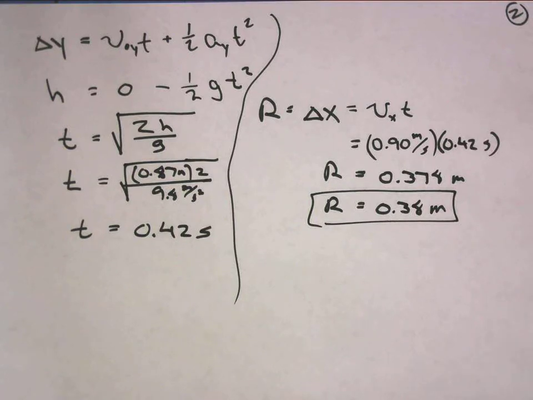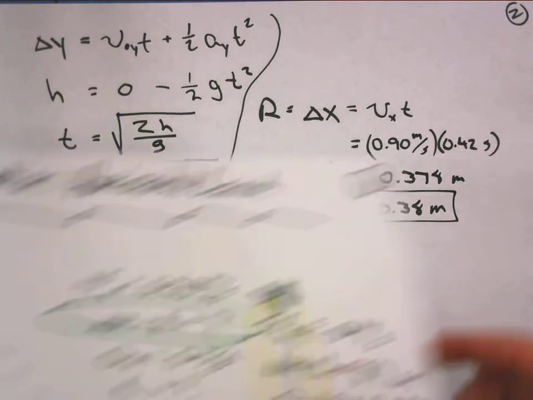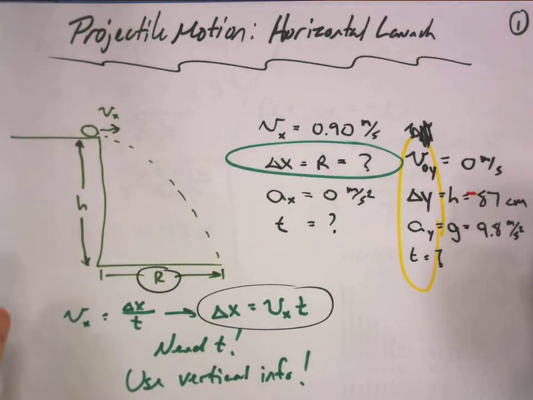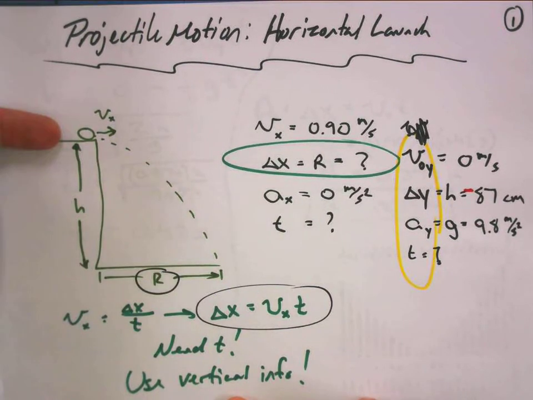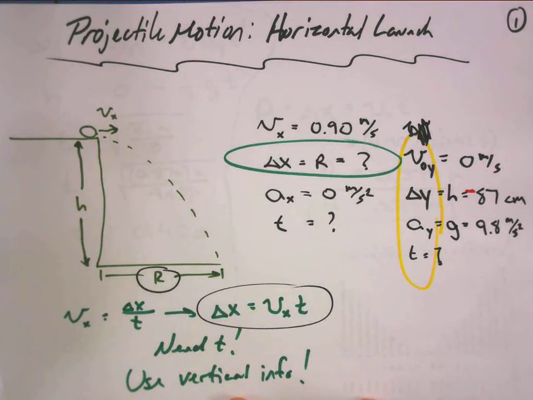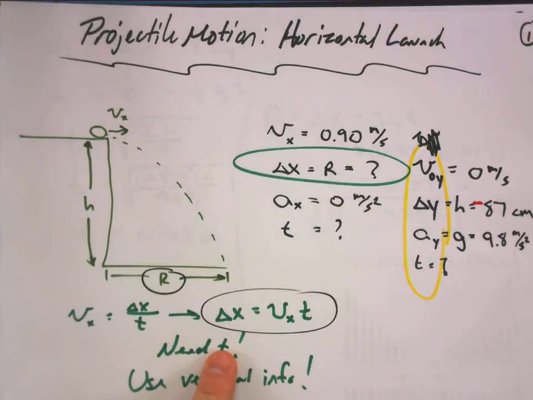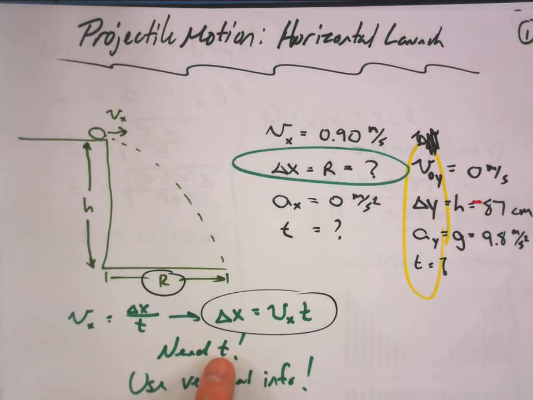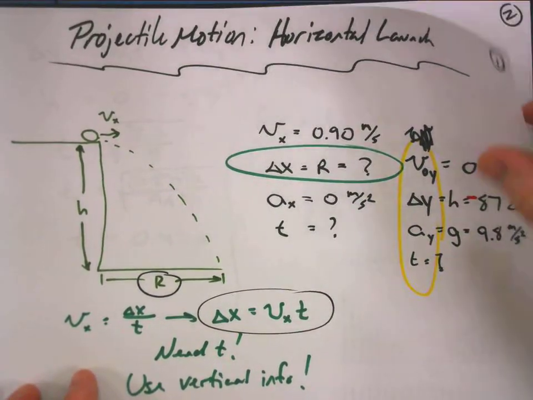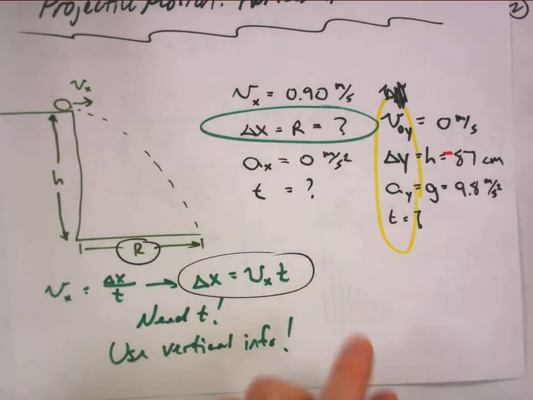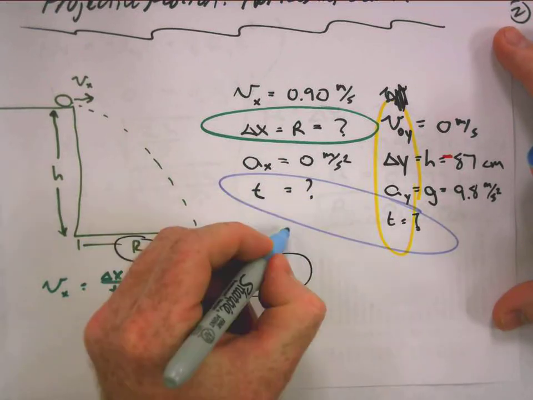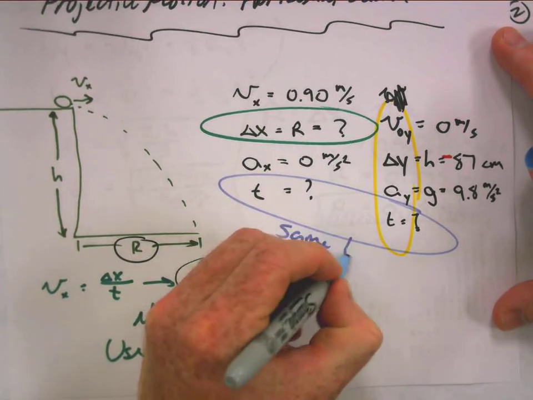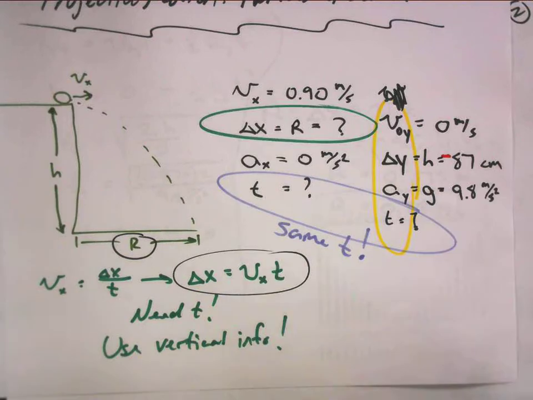I was able to figure out how far this thing would land away from the countertop with some basic information and my understanding of how the horizontal component of the motion works versus the vertical component of the motion. And the link is time. So what they have in common, these two times right here, are the same time.